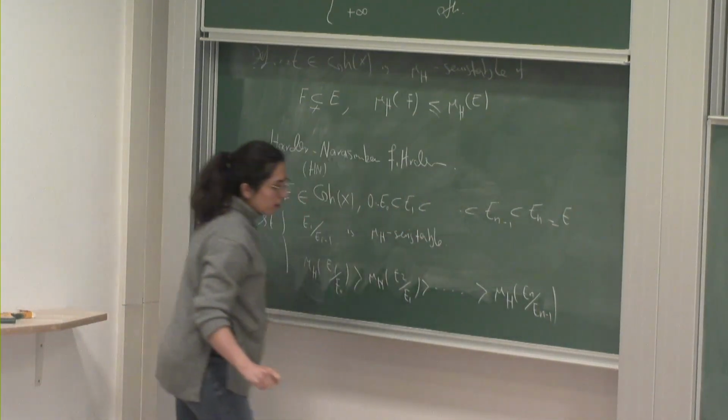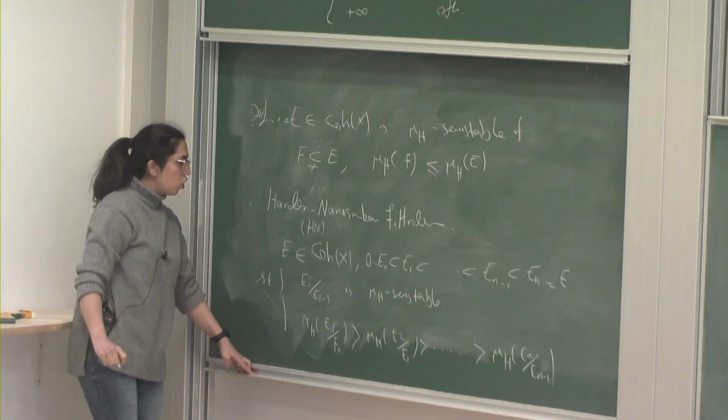So this is what we have classically for slope stability.